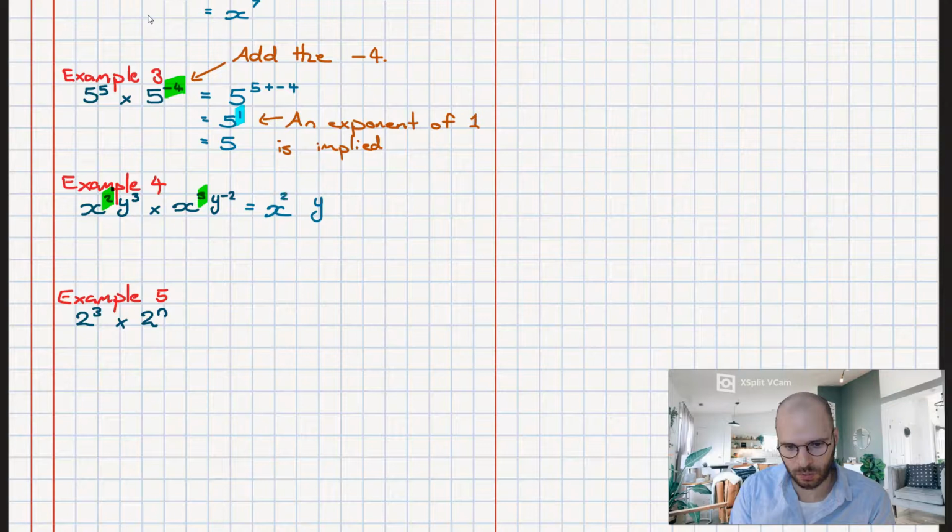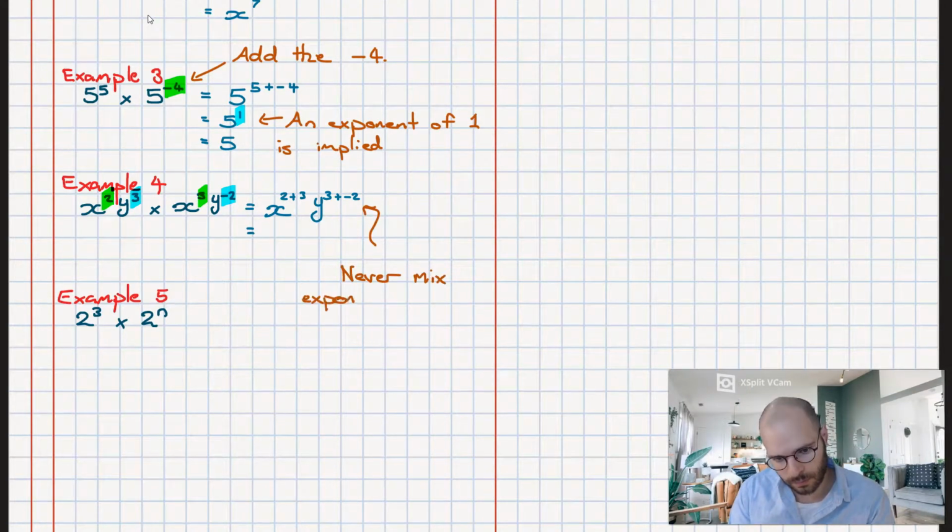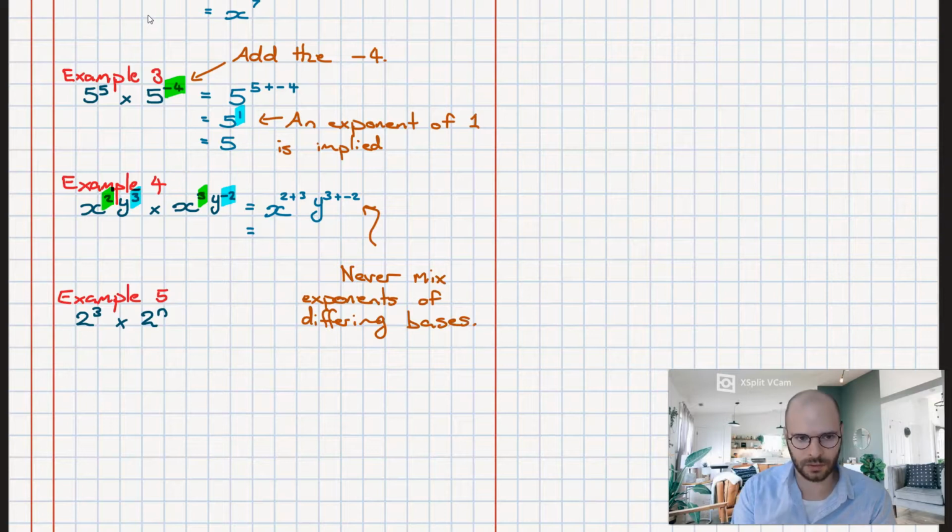So we'll go 2 plus 3. Now we're going to go back and grab our y's. So we get exponent of 3 and minus 2, and we add those together as well. For these sort of questions, we do not ever mix the exponents of different bases. So never mix exponents of differing bases.